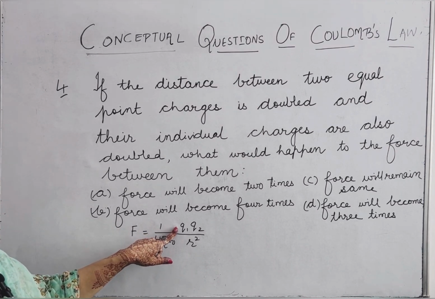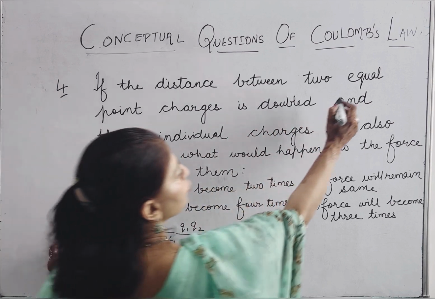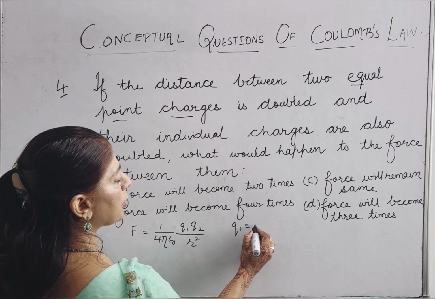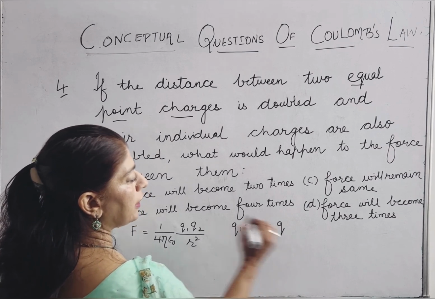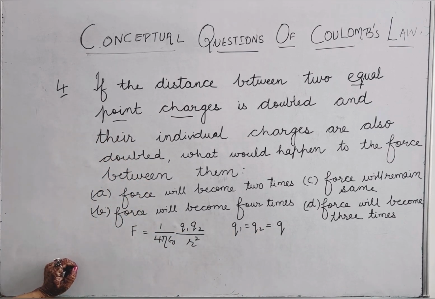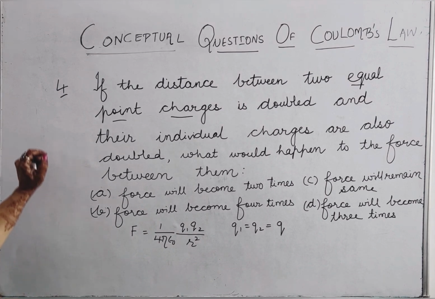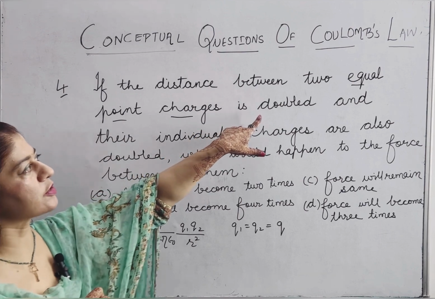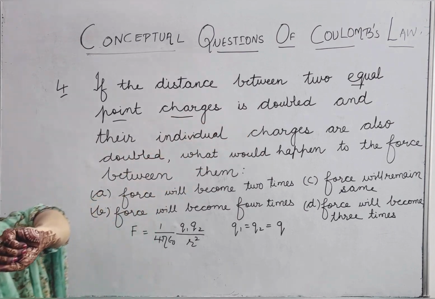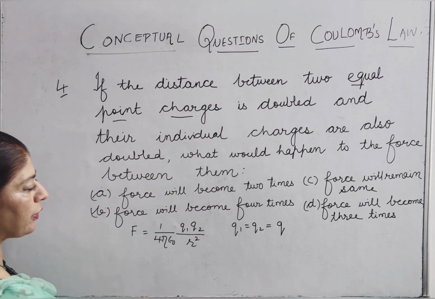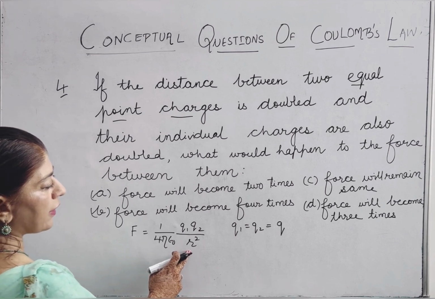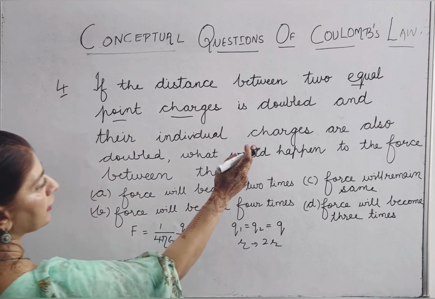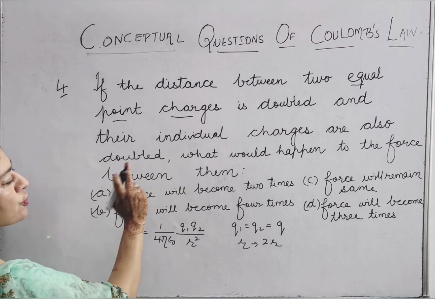Now you can see the conditions that have been given, these are two equal point charges. So Q1 is equal to Q2 is equal to say Q, and their individual charges are also doubled. What is being done? The distance between the two charges is doubled. It means R has become 2R, and the individual charges are also doubled.